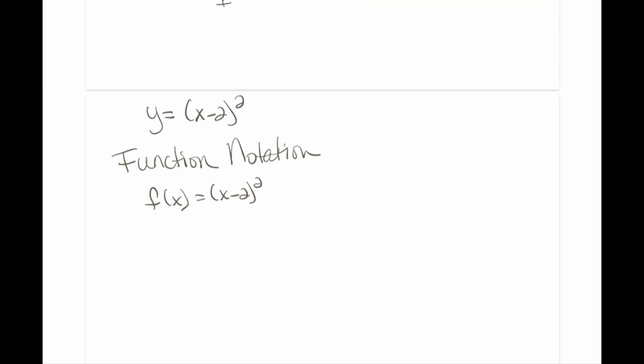And then the way we read this, we say that f of x equals (x minus 2) squared. Right? So it's f of x is how you say that.